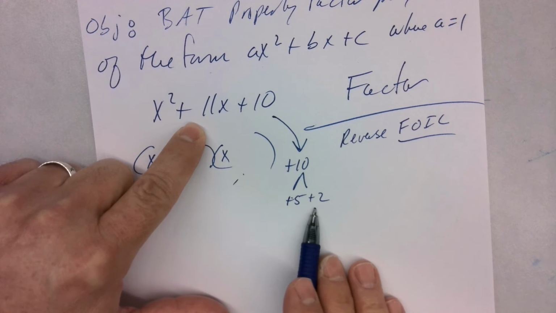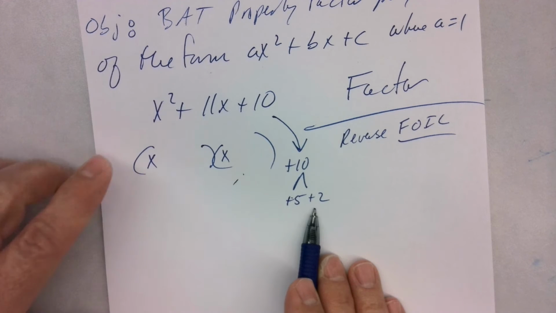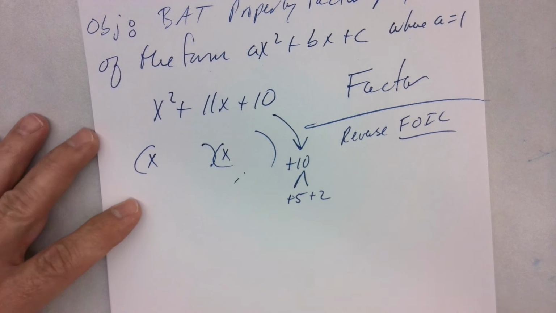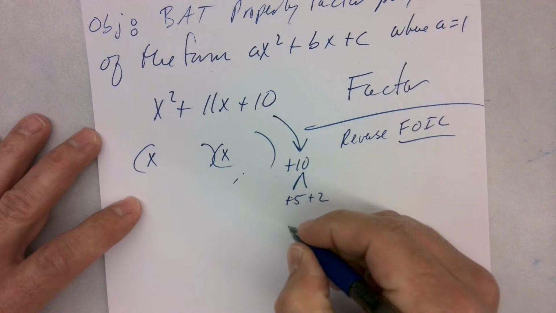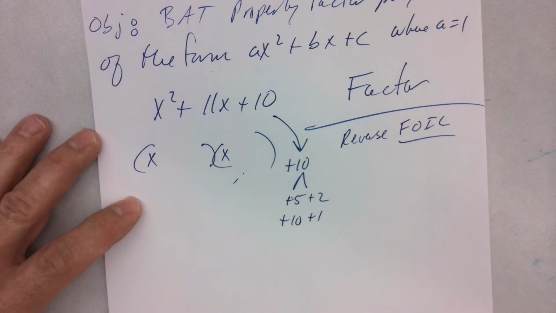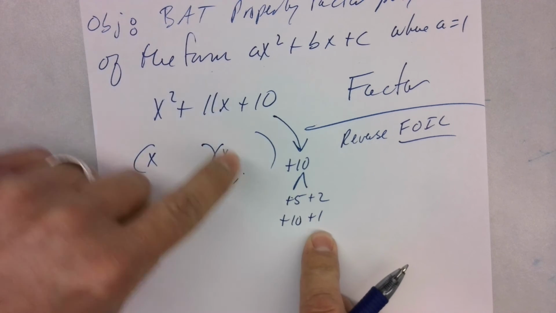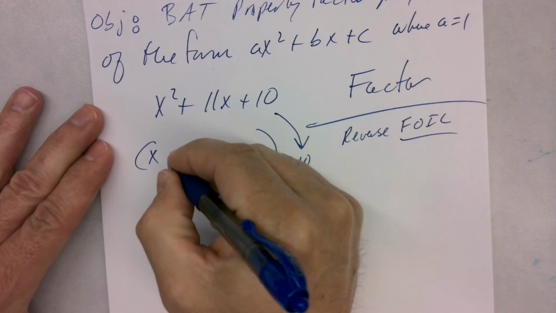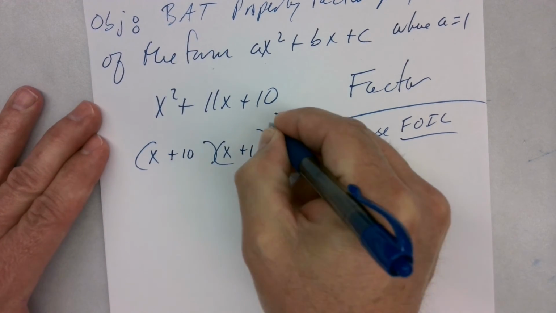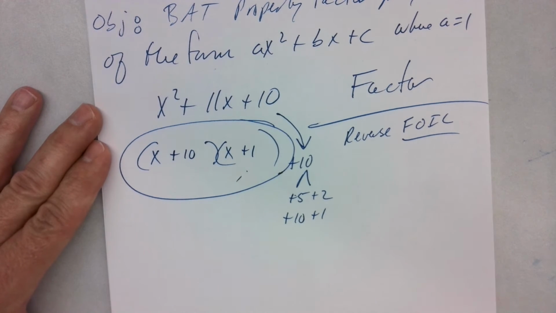Problem is that 5 plus 2 is 7. I need an 11. What other options are there for multiplying and getting a 10? I'm going to get a plus 10 and a plus 1. 10 times 1 is 10, plus 1 is 11. I write that, plus 10 plus 1, and now I have factored that sucker.